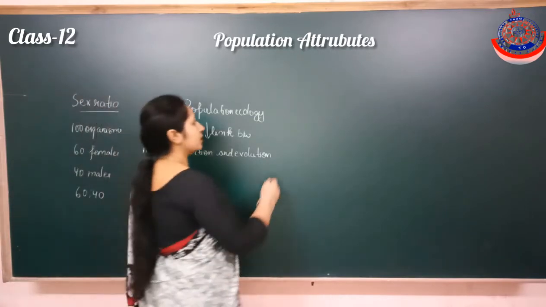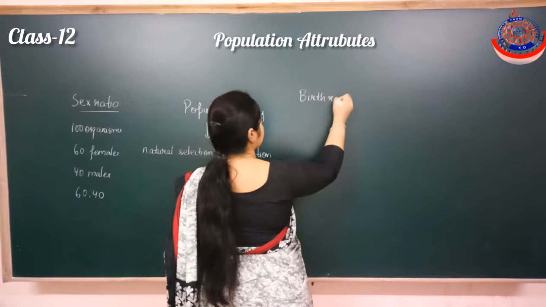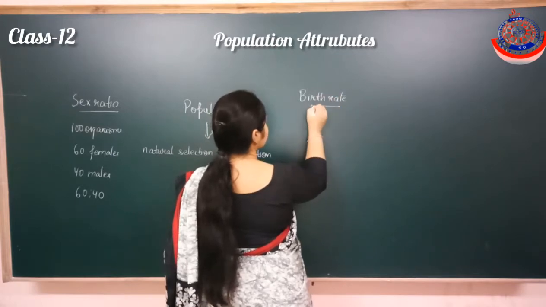Now next is the birth rate and death rate. First is birth rate. How can we calculate it?